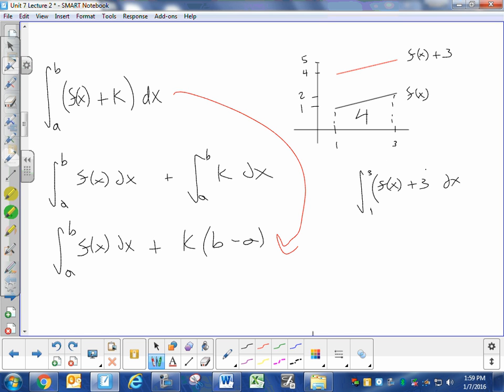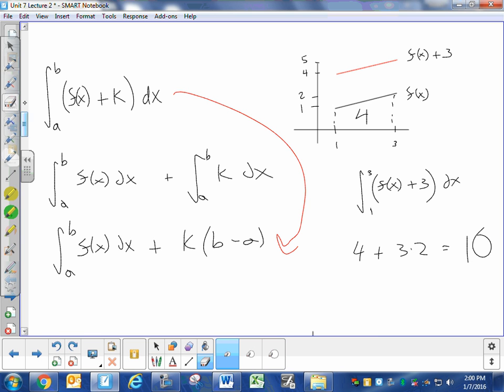You can say, oh, that's just going to be 4 plus this extra area of 6, giving me 10. That's not 4. That's 1. 3. This should be 3. Width of 2, this would be 1 and 2, my constant width, which is 2. 1 plus 2, that should be 3. So 3 plus 6 is 9.